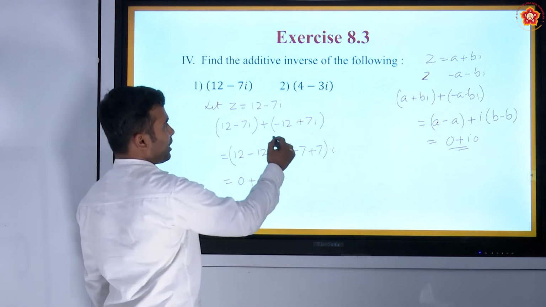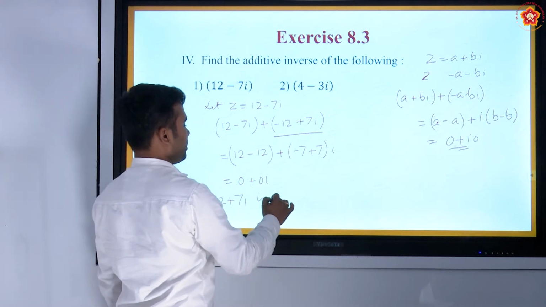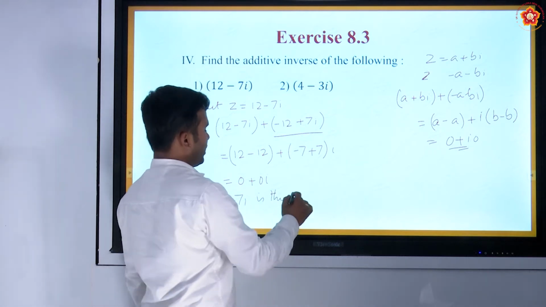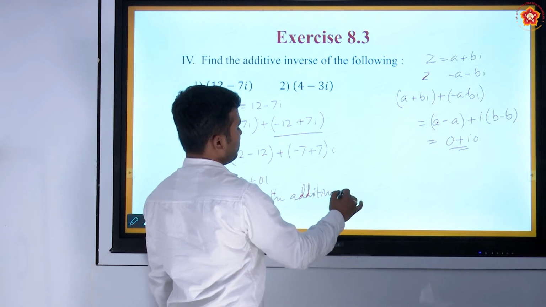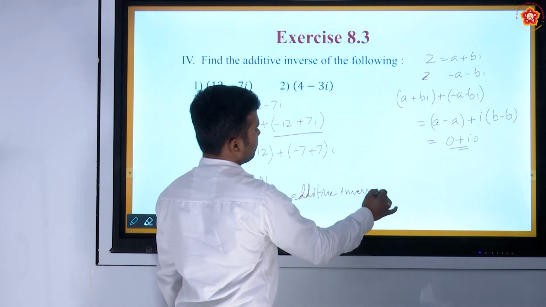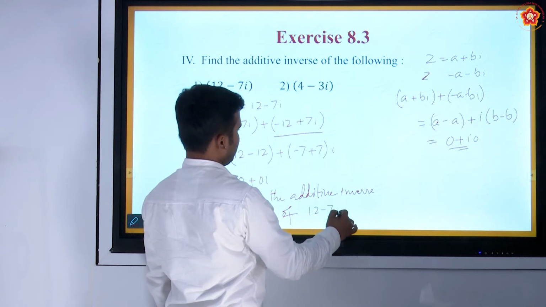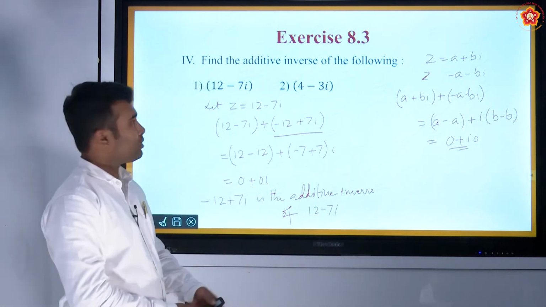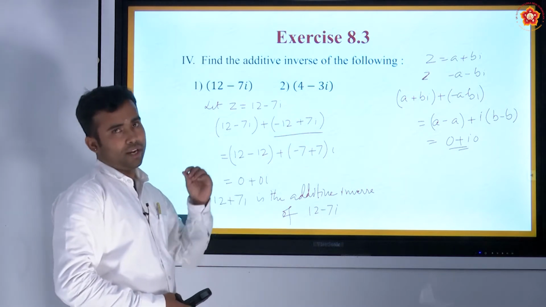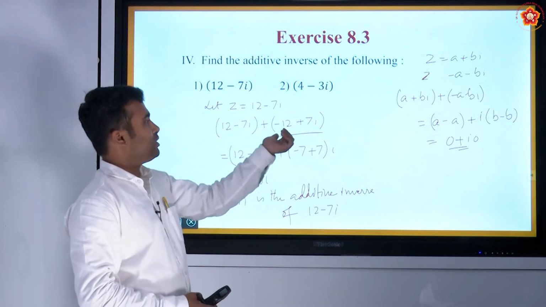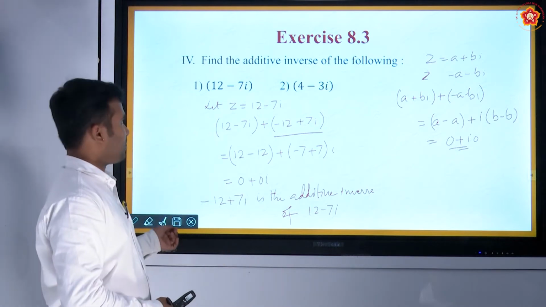So hence we can say that minus 12 plus 7i is the additive inverse of 12 minus 7i. Understand? We add to it, and that gives 0 plus 0i.